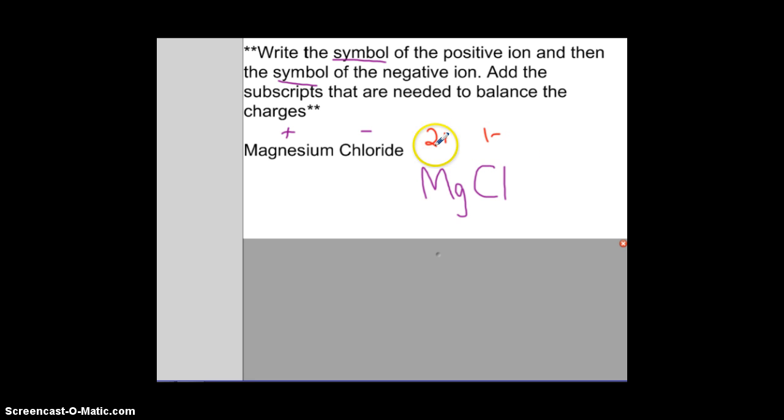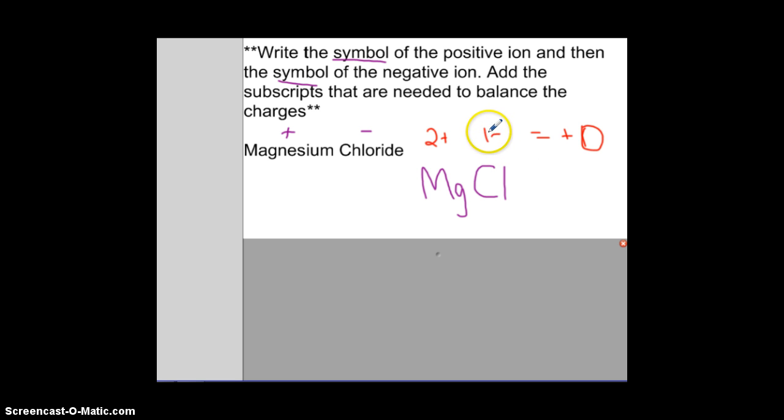So if we were to do some subtraction, if we did 2 minus 1, the answer would be a positive 1. This is considered not balanced. We really want our number to be the number 0. Okay? So to get this to be the number 0, what it means is that this 1 minus actually needs to be a 2 minus.